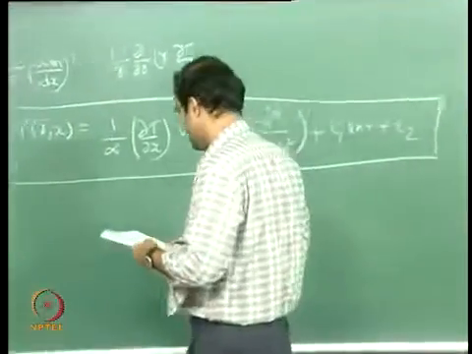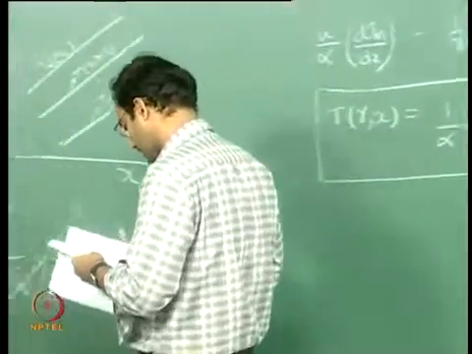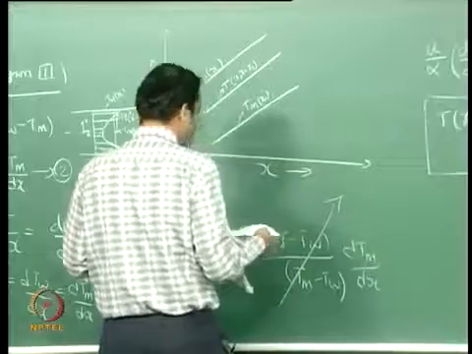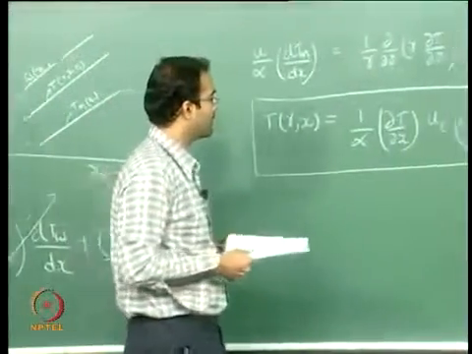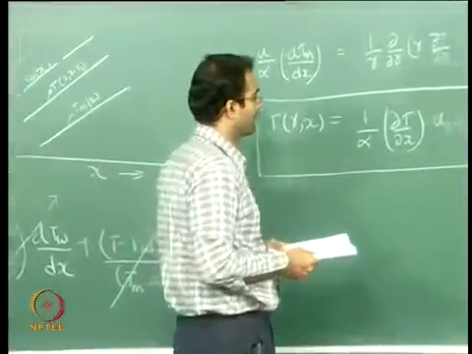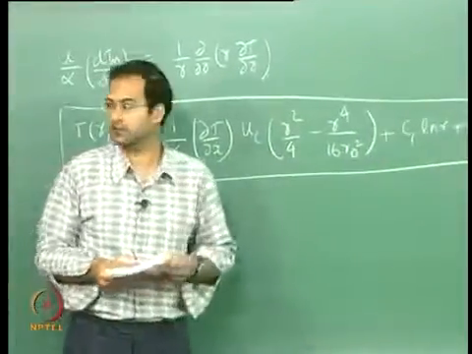Okay. So now we have to find the constants C1 and C2, and in order to do that we have to apply boundary conditions. Once again, two boundary conditions are required. Okay. So what are the two boundary conditions?